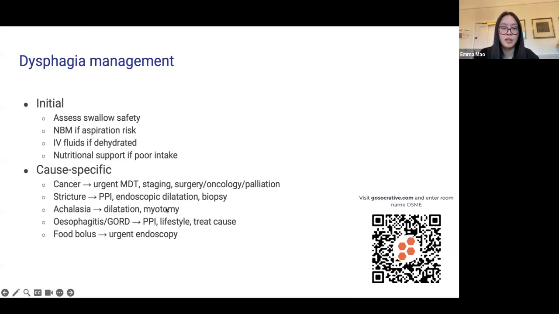And achalasia, similarly, you can dilate it with a balloon or cut the muscle, and that opens it up a bit. Esophagitis and GORD, it's PPI and lifestyle, and then you have to treat the cause. And if there's a food bolus stuck there, you want an endoscopy to retrieve it.